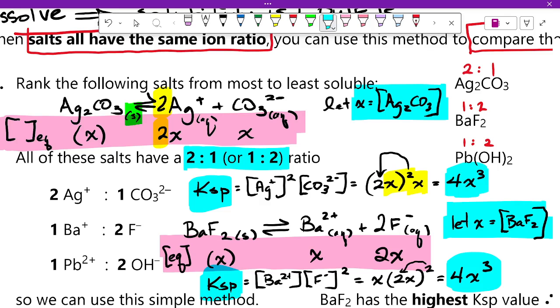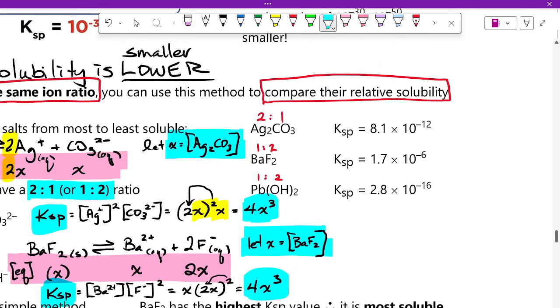And what that means is that KSP directly relates to the concentration in the same way for each of those salts. So if one is bigger than the other, that means it has more ion concentration because the math is the same. So we can compare these directly.